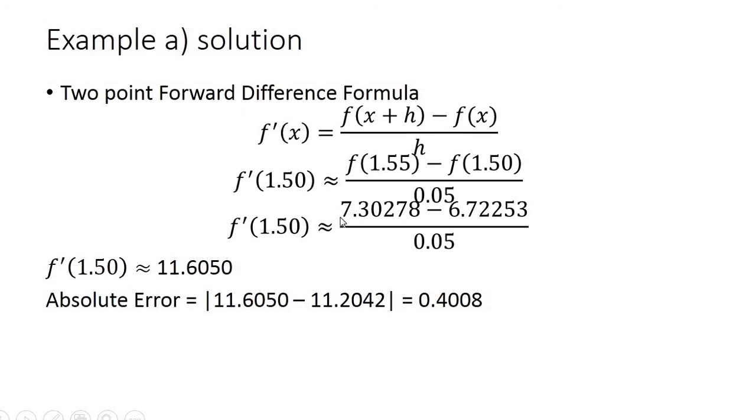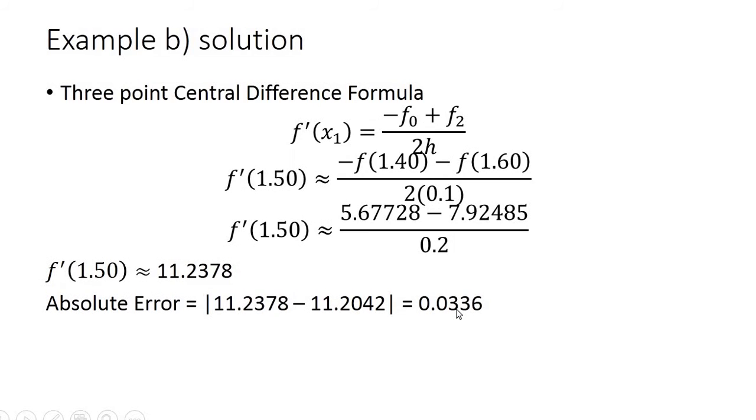So 7.3 minus 6.7 over 0.05, you get the first derivative to be 11.605. Therefore the absolute error is the approximate minus actual, which is 0.4008.